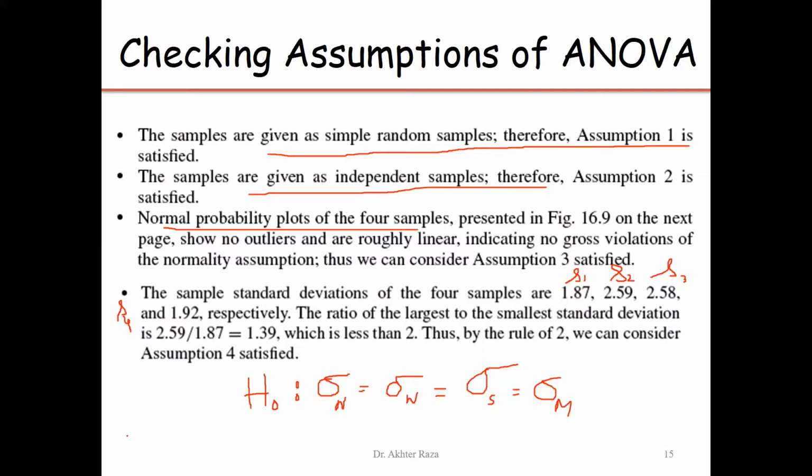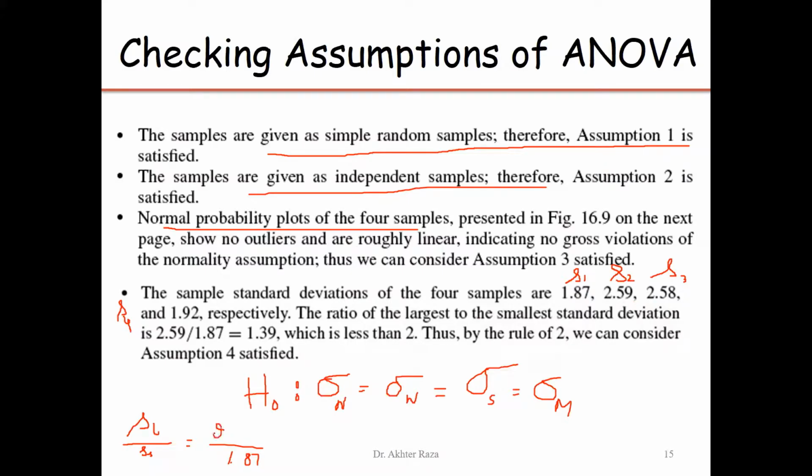What ratio? The ratio of the largest standard deviation in the samples to the smallest standard deviation, S small. The smallest value here is 1.87, and the largest standard deviation is 2.59.